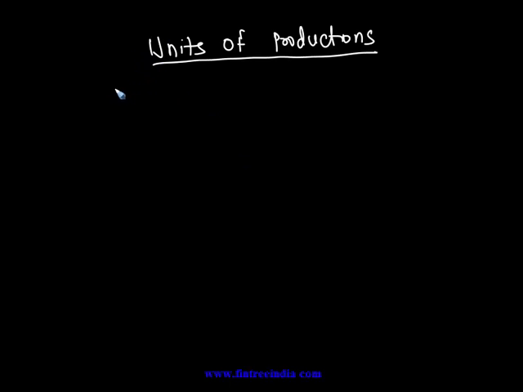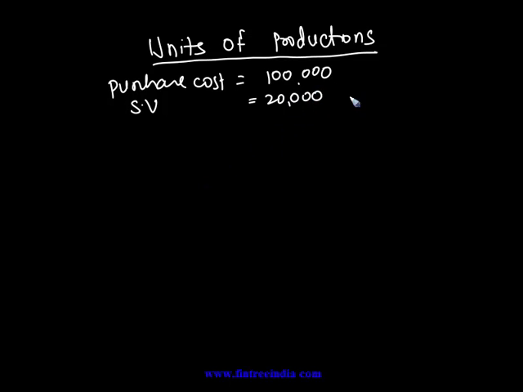Third method of depreciation, units of production. Let us say purchase cost 100,000, then estimated salvage value 20,000, and number of units which could be produced is 10,000.